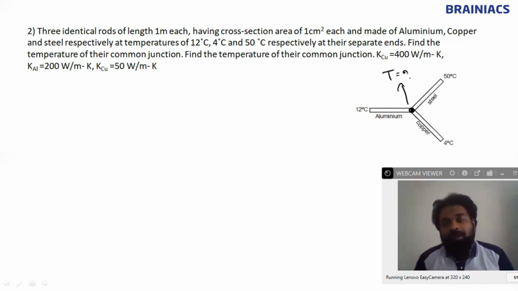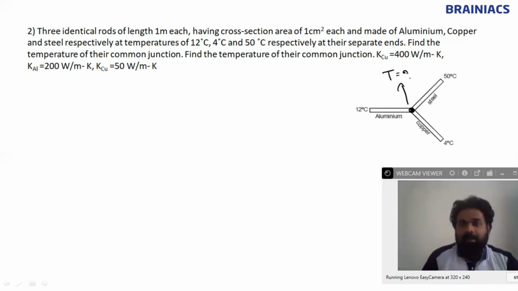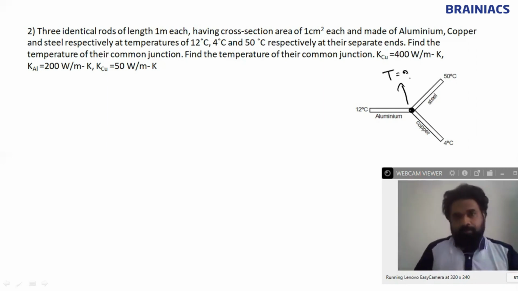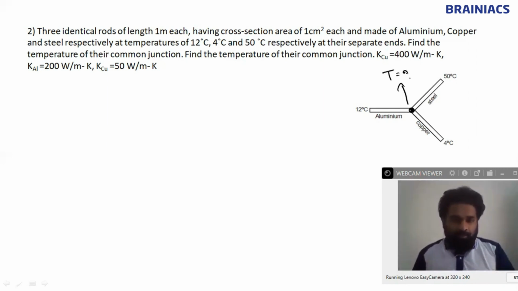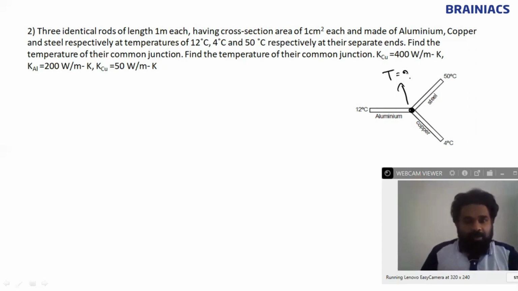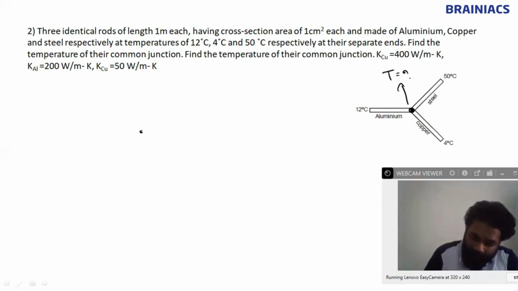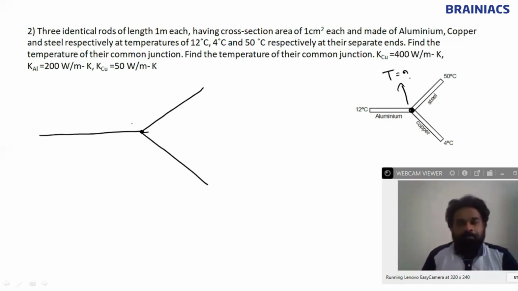While discussing the theory, we have already seen a lot of similarities between this heat current and the general current in current electricity, the flow of charges. We studied Kirchhoff's current law in current electricity. The same thing we can apply here. So this is one side, this is another side, this is the third side.